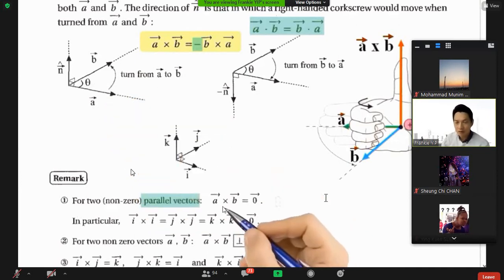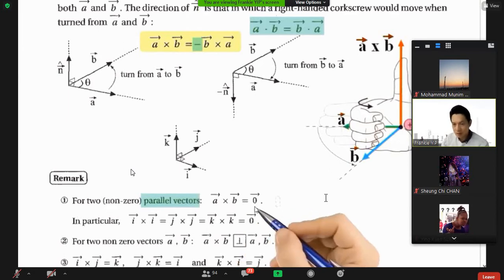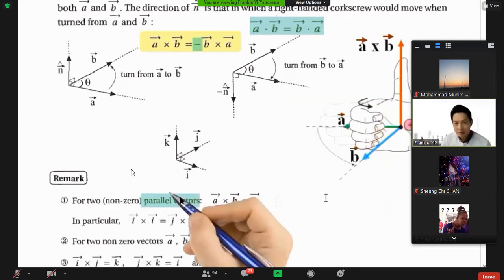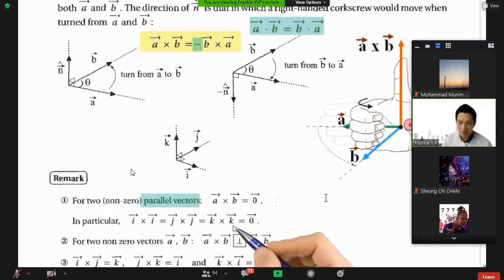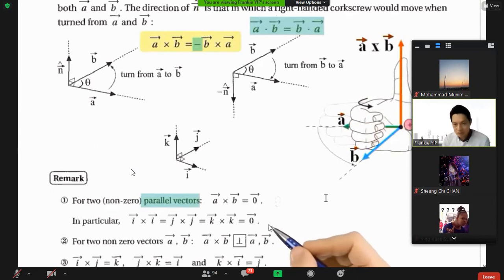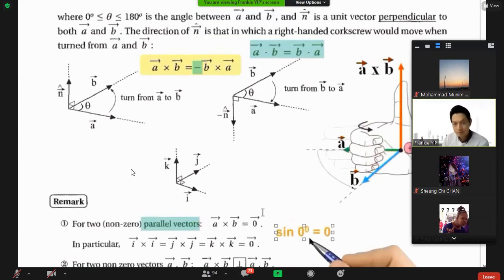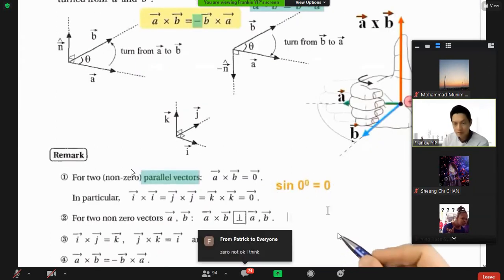So for the cross product, if they are parallel, crossed together, it becomes 0. But for the dot product, if they are parallel, it's good, okay? It becomes magnitude times magnitude only, okay? And how about, so if this is the case, I cross I, J cross J, K cross K also equals 0. Remember, because of sine theta.